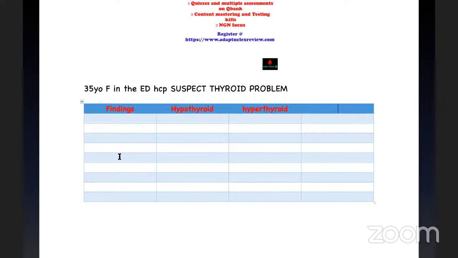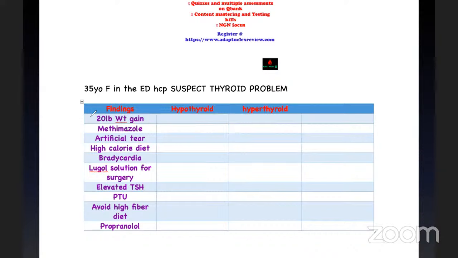Okay, so what are we going to be looking for? I've given you things you should focus on when you're reading, to be able to distinguish between hypothyroid and hyperthyroid, right?